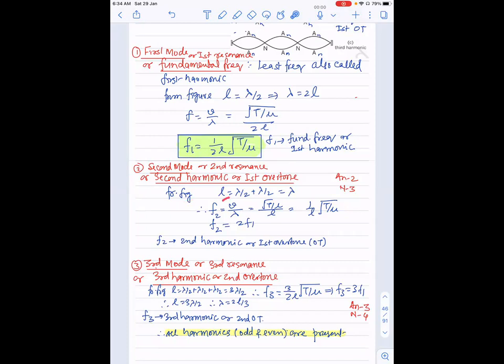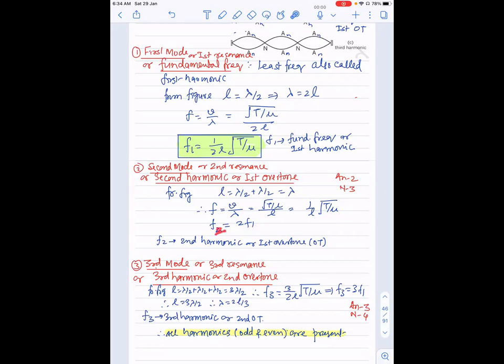So from the figure you can see L is equal to lambda by 2 plus lambda by 2. Two loops, which is equal to lambda, and now F will be equal to V by lambda. Putting the value of V, lambda is L. Simplifying, we get 1 by L times root of T by mu, which is twice the fundamental frequency.